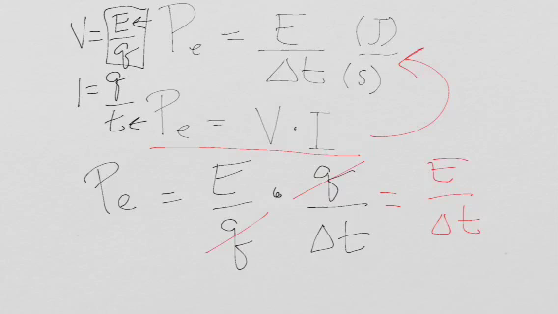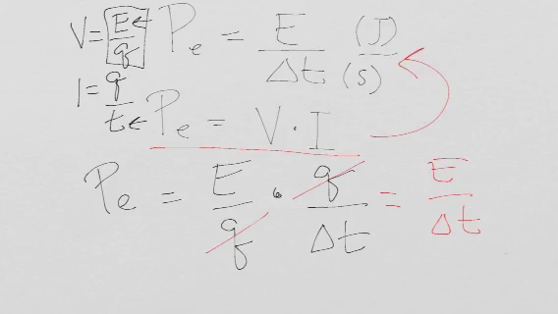So if you have a word problem that gives you only potential difference or current intensity, you can use that to solve for power, just like if you were given energy over a unit of time.